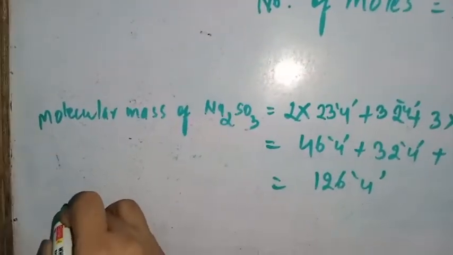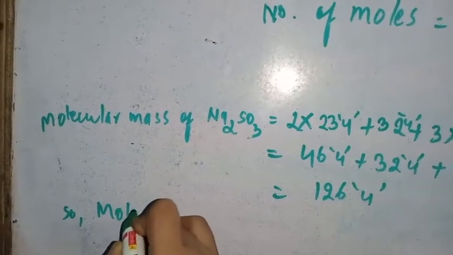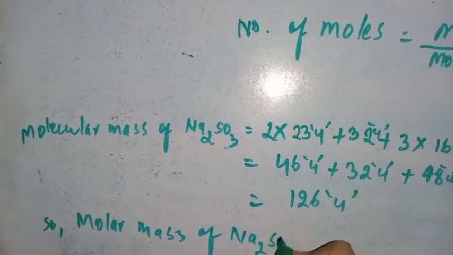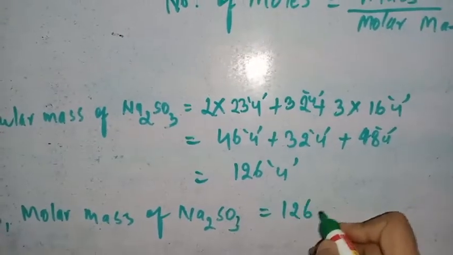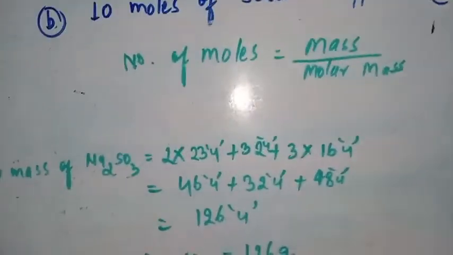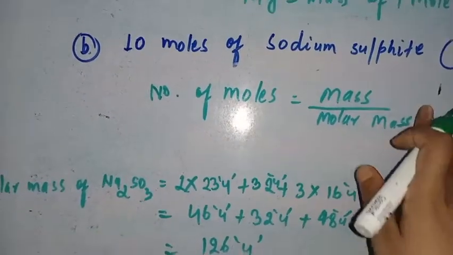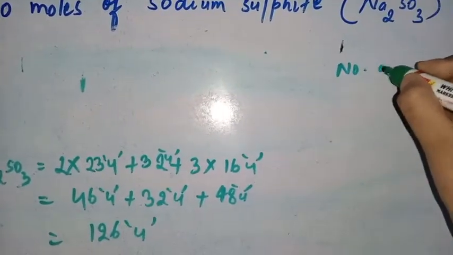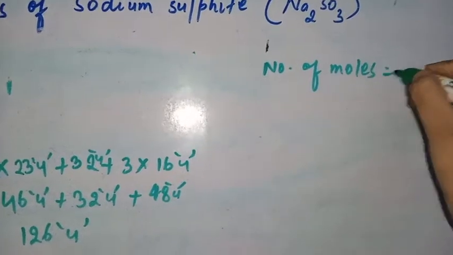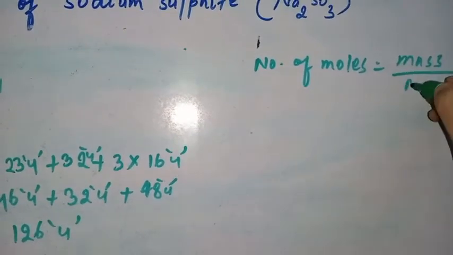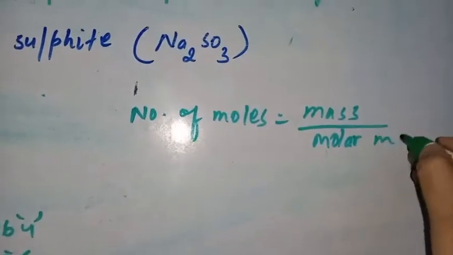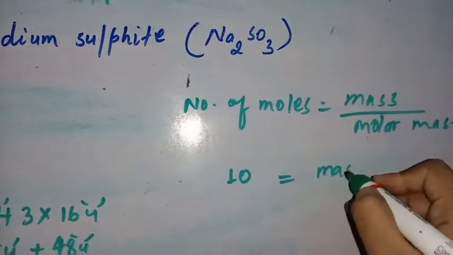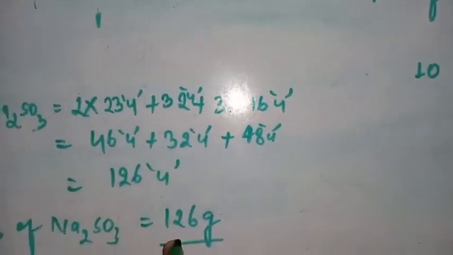So the molar mass of sodium sulfite will be 126 gram. Directly we have got it. So we will put it in the equation. We'll just write it again. Number of moles is equal to mass by molar mass. Number of moles is 10 moles. So 10 is equal to the mass we have to calculate divided by the molar mass. We have got 126 gram.